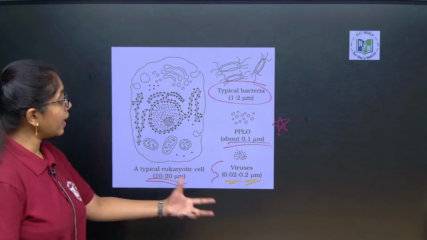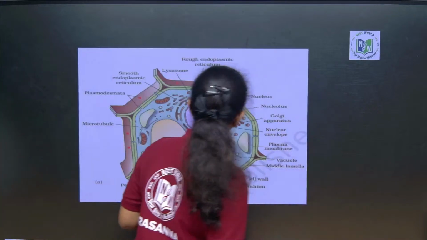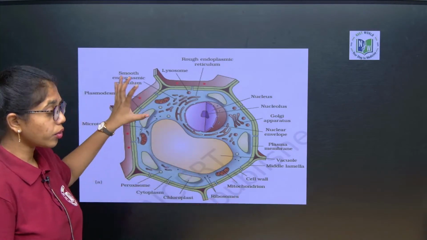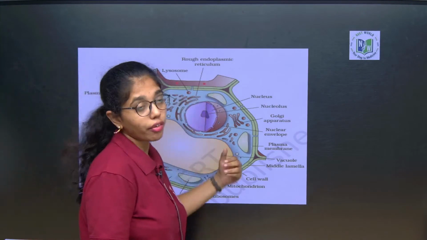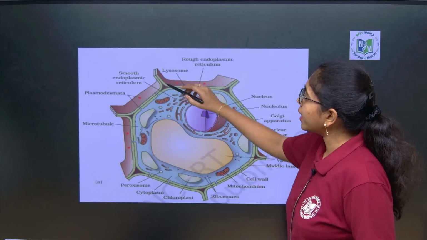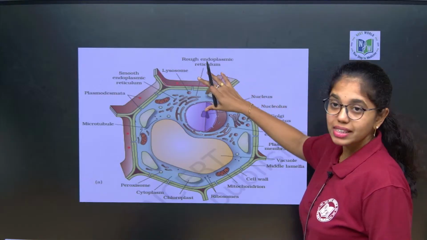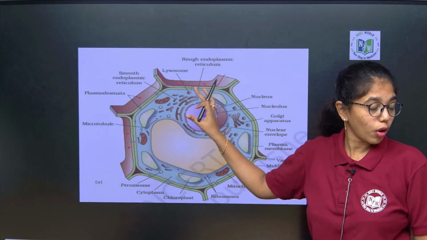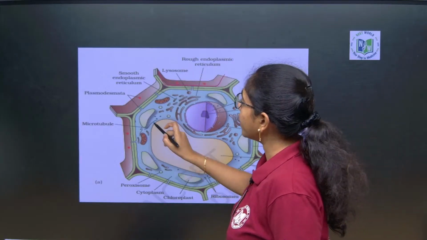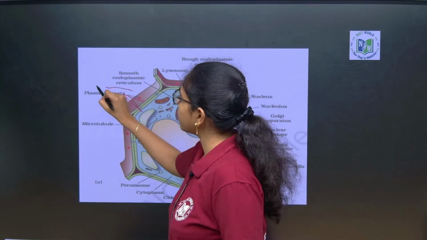Okay, and then if you look into a eukaryotic cell, here he can give a eukaryotic cell and he can ask any of the labeling for you. This is a plant cell. How can you identify? By the cell wall, you can see it over here. By the cell wall you can clearly identify that this is a plant cell, and they have plasmodesmatal connections.